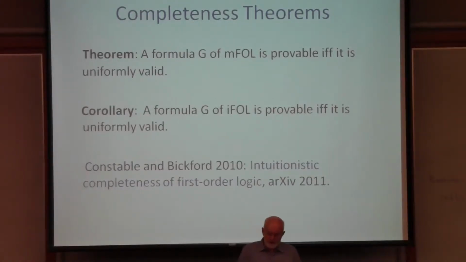You'll see why we get that as a corollary, and we have to go to something called minimal logic. And I already told you what minimal logic is. It's the logic that takes out the rule that says from false you can prove anything. And you guys have used that rule already a couple times in examples. That's called ex falso quodlibet.